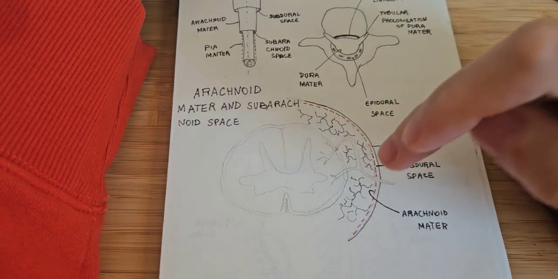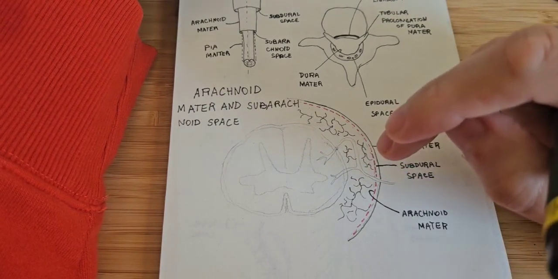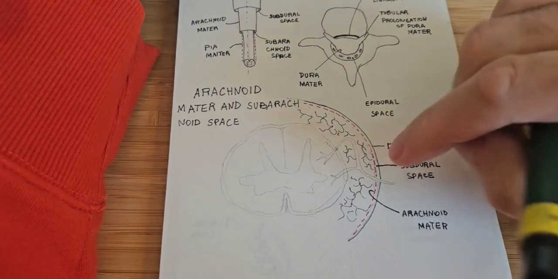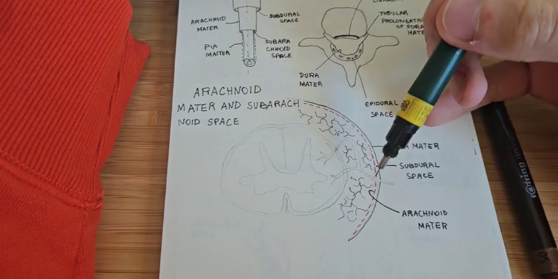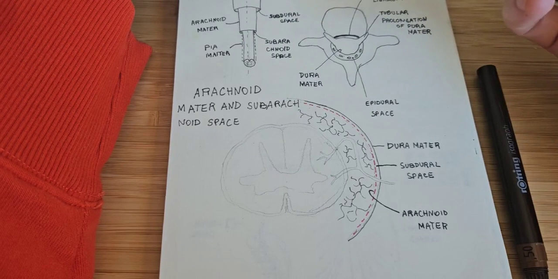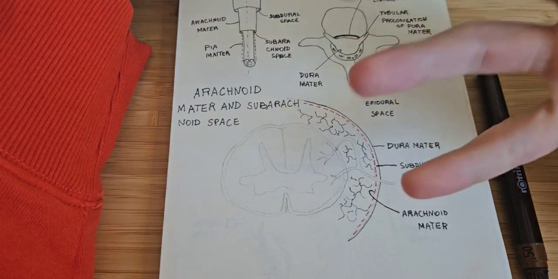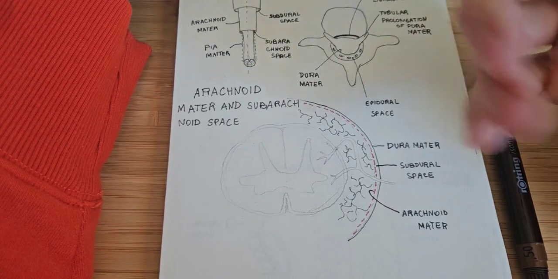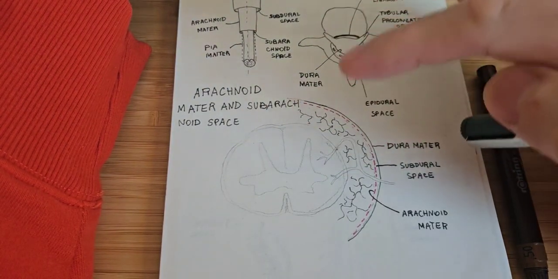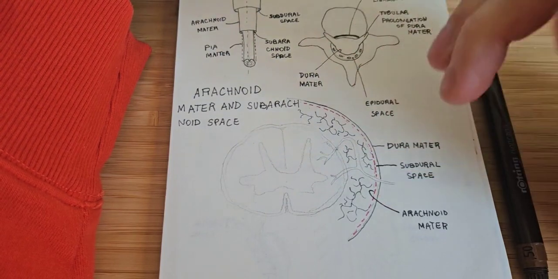It also plays an important role in immune function. The subarachnoid space also contains large blood vessels, as you can see here, particularly the anterior and posterior spinal arteries, which supply blood to the spinal cord. These vessels are surrounded by specialized structures to ensure proper blood flow and protection.